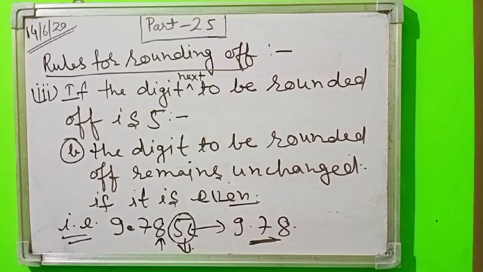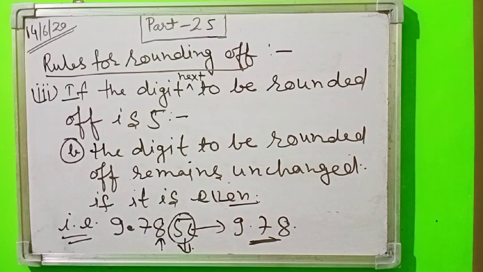and these are the three basic rules for rounding off. In a nutshell, I am summarizing the rules. First, if the digit you are dropping is more than 5, then 1 is added to the digit which you are rounding off. If the digit is less than 5, then the digit remains unchanged.